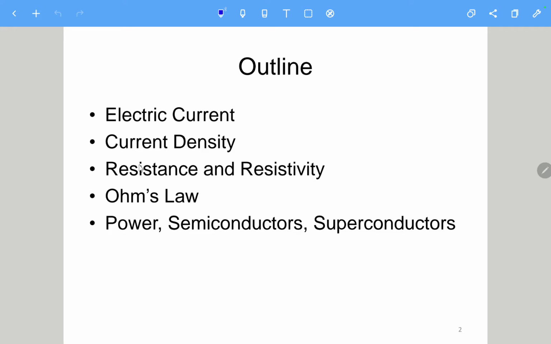So this is another fundamental circuit component. And then we'll talk about the Ohm's law. So I suppose even in high school physics, you have already learned what is Ohm's law. And yeah, we will briefly introduce a power, semiconductor, and superconductor.